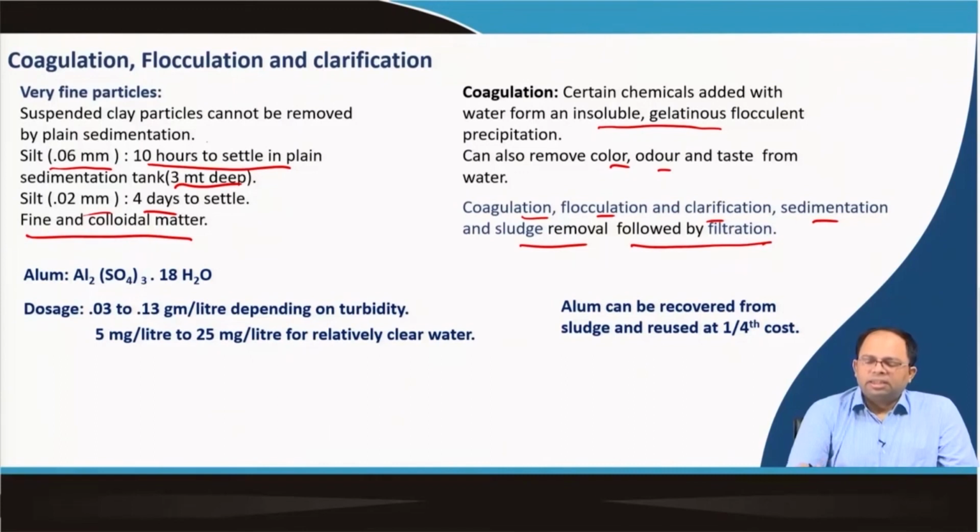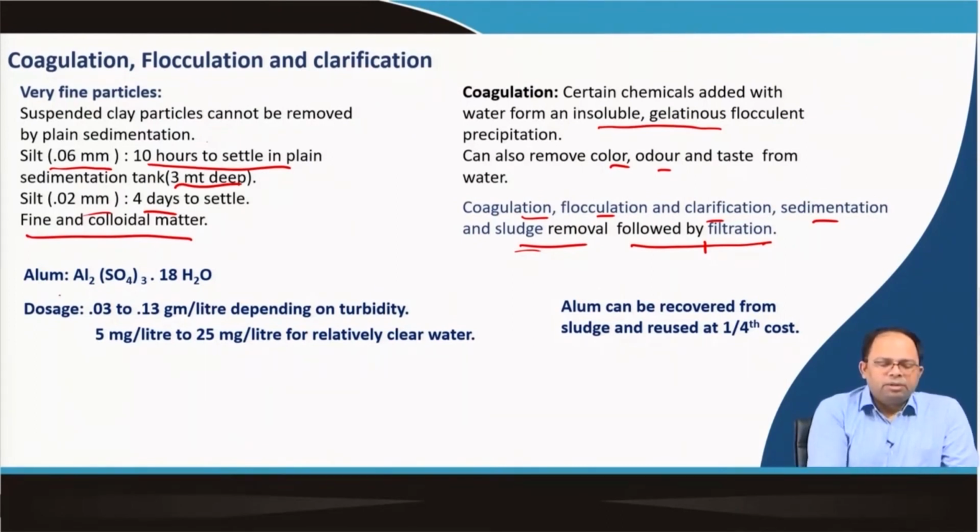That means eventually this has to be followed by the process of filtration, right. Usually it is not left after just clarification, but we also have to do filtration. And parallel to clarification, we also have sludge removal. So, the sludge is also removed and dealt with separately.